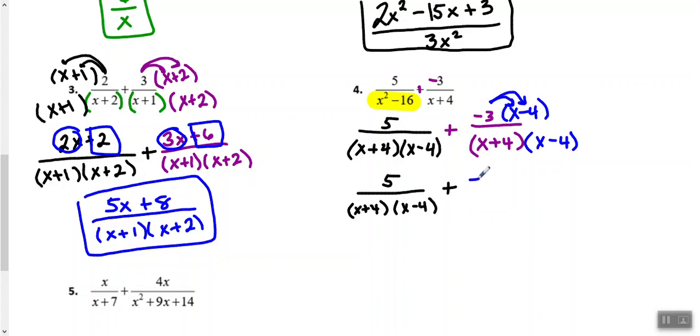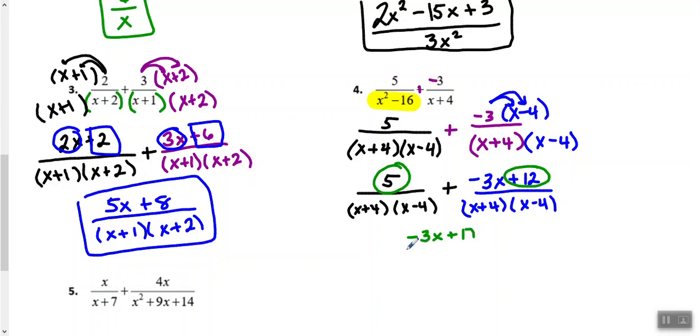After I distribute, it becomes negative 3x plus 12 over x plus 4 and x minus 4. Last step is to combine your like terms, which is 5 plus 12. So I still have negative 3x plus 17 all over x plus 4 and x minus 4. And that would be my answer.